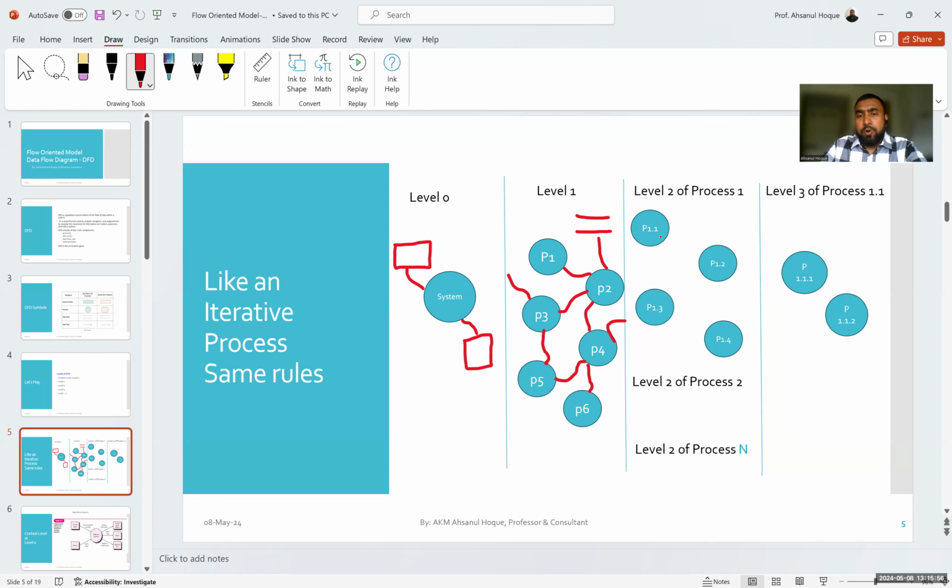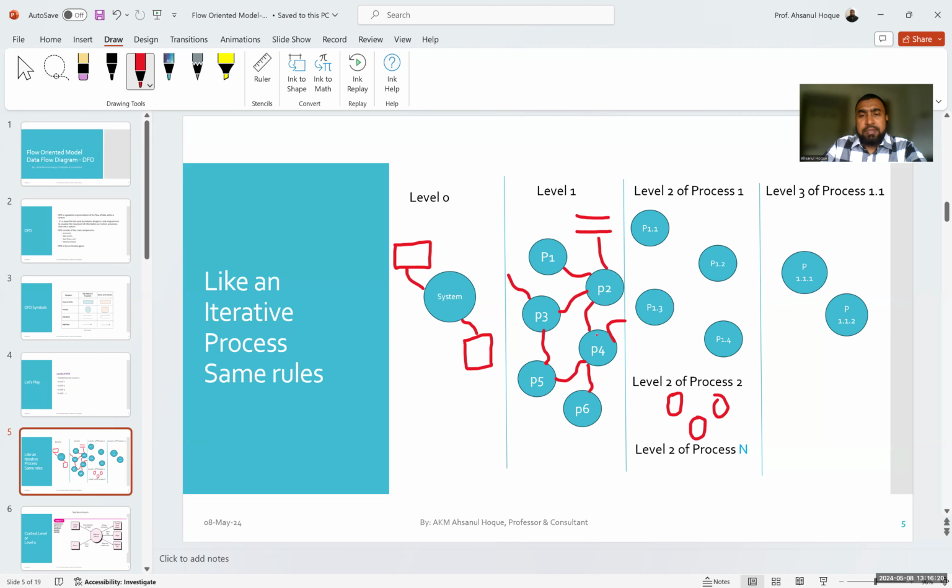So if I break process 1, I get process 1.1, 1.2, 1.3, 1.4. This process can be decomposed into four other sub-processes. For process 2, if we decompose it, I can get maybe 3 processes.